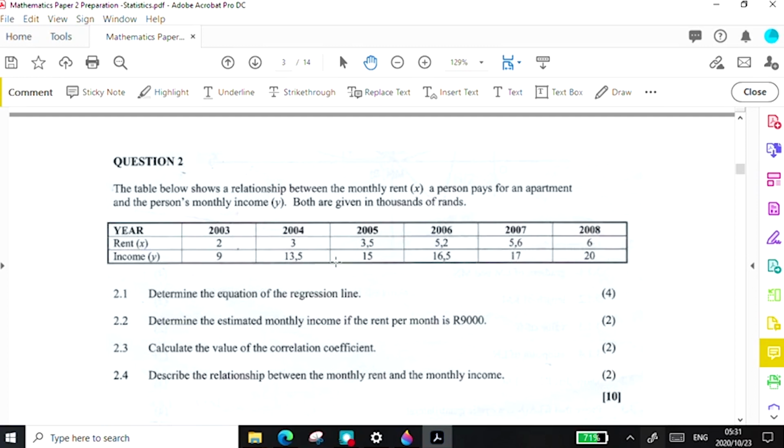And those are our X values. And for the Y values, we have 9, 13.3, 13.5, 15, 16.5, 17, and 20.